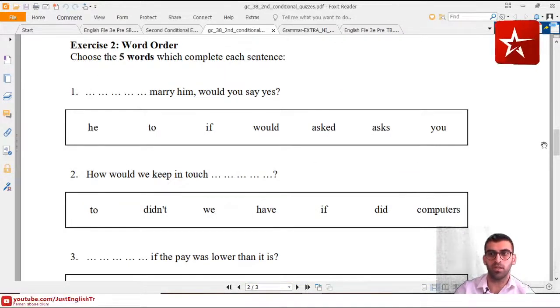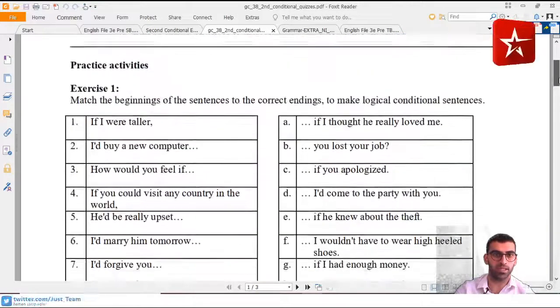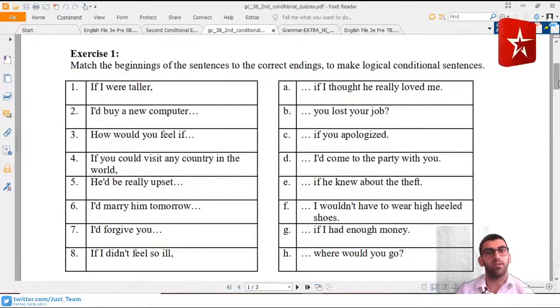Word order. But before the word order, let's do the matching exercise. We have to match the beginnings of the sentences to the correct endings to make logical conditional sentences.